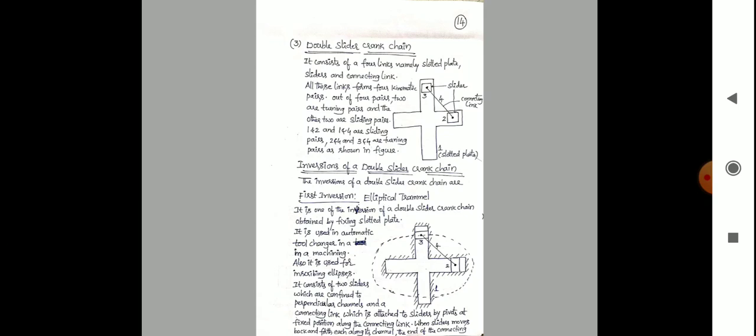When the sliders move back and forth, each along its channel, the end of the connecting link traces an elliptical path.